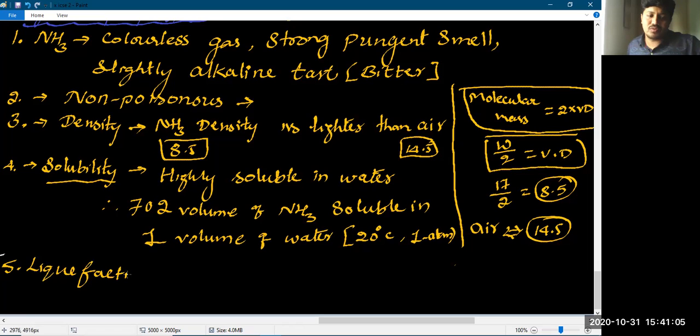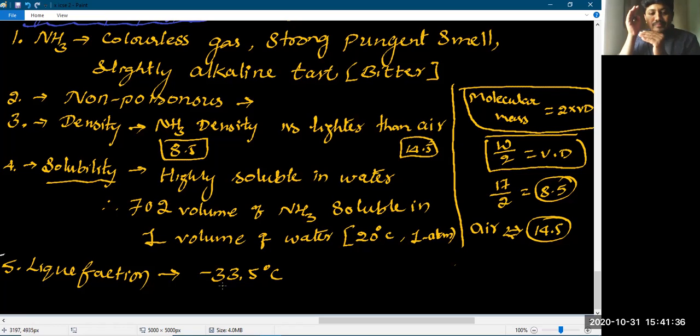What is the liquefaction of ammonia? Ammonia can easily liquefy at very low temperature. Yes, we can liquefy ammonia gas into liquid ammonia. We can liquefy ammonia at below its boiling point, around minus 33.5 degrees centigrade.